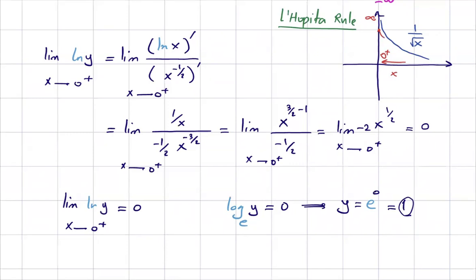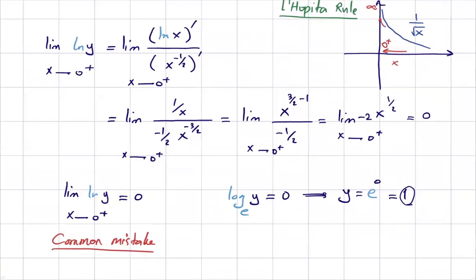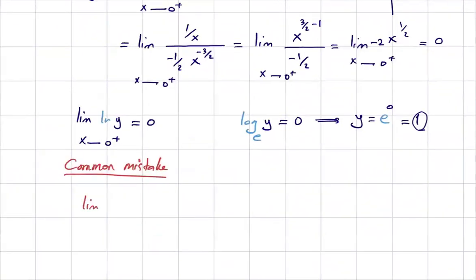It's a common mistake that students stop at this step and say, hey, the limit is equal to 0. The common mistake to avoid: the limit of y is not 0.